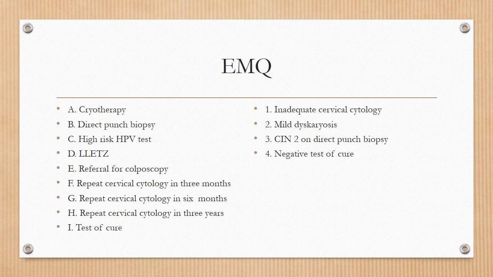And when there is CIN2 on direct punch biopsy, what is the treatment option? Then if you have treated the patient and the test of cure is negative for cervical cytology and human papillomavirus testing, then what is the next option?